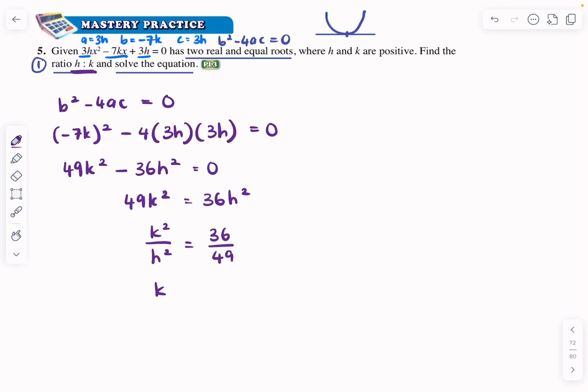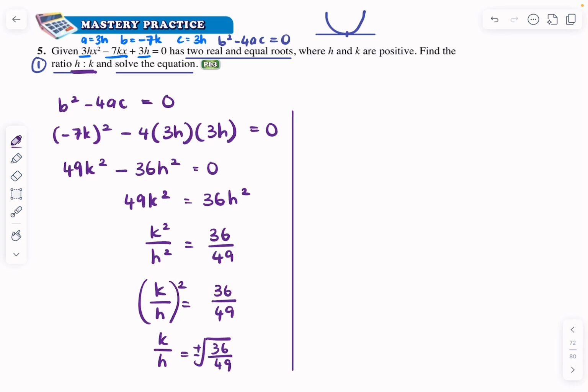So k over h square is 36 over 49. Therefore, k over h would be the square root of 36 over 49, plus minus. So k over h can be positive 6 over 7, or k over h can be negative 6 over 7.